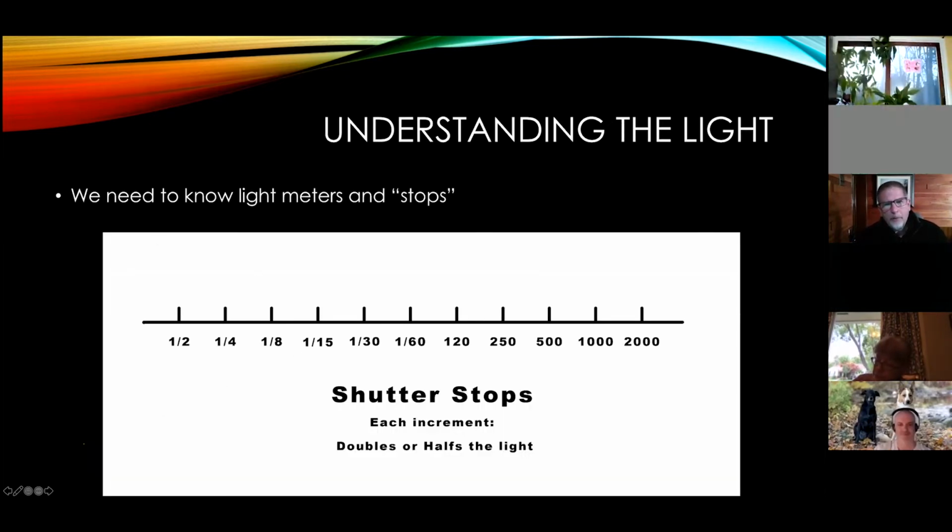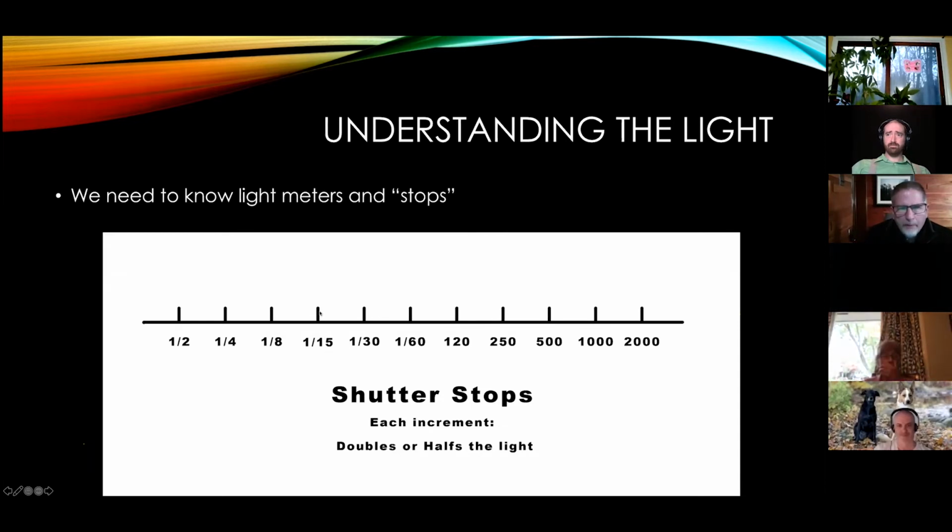And so these are stops, and these are shutter stops or EVs. And when we talk about EVs, we don't really talk about individual stops. We talk about this distance between the 1/8 and 1/15 of a second is a stop. We talk about the fact that between 1/8 of a second and 1/30 of a second, we have 2 stops or 2 EVs.